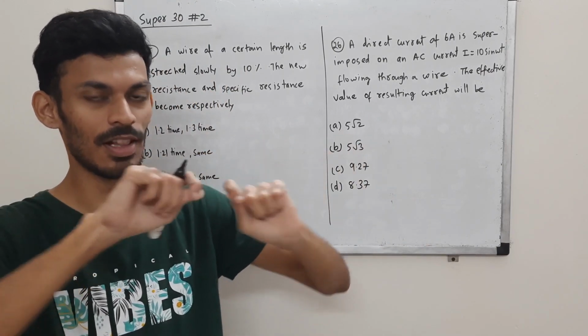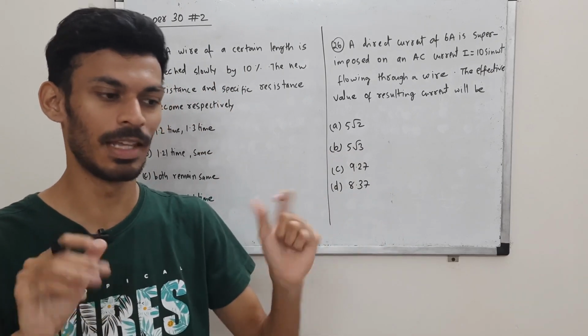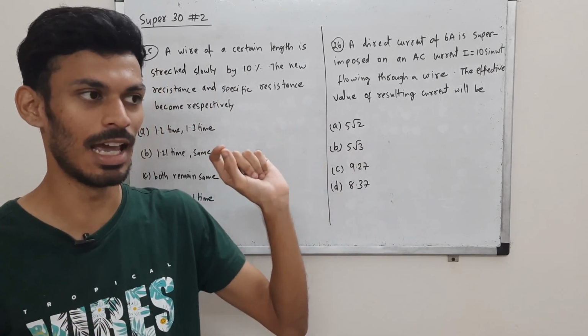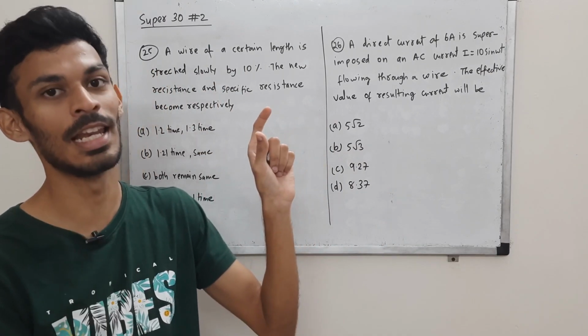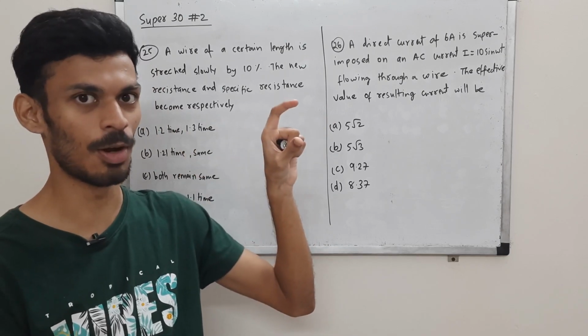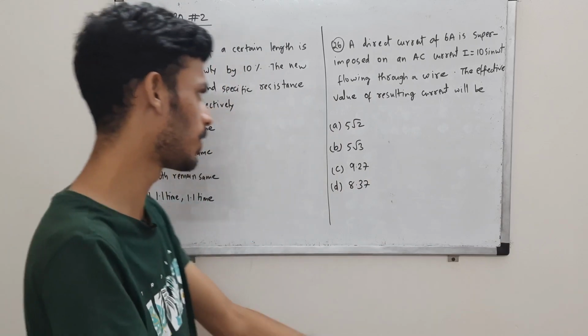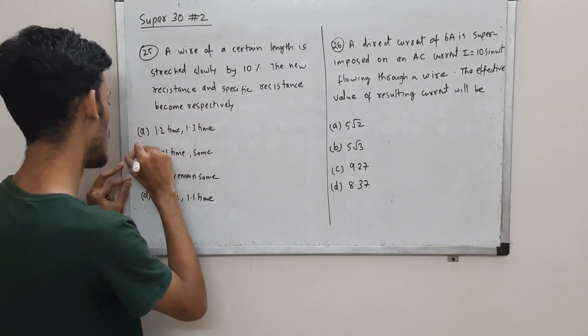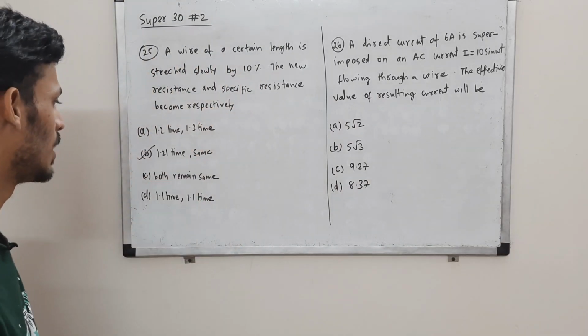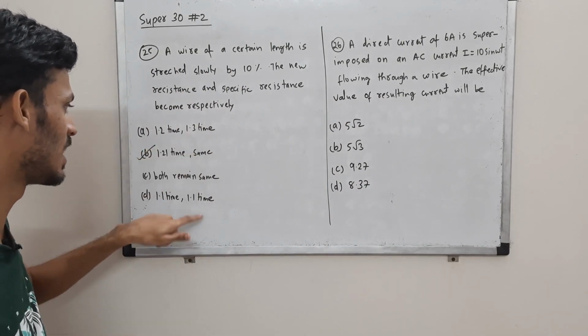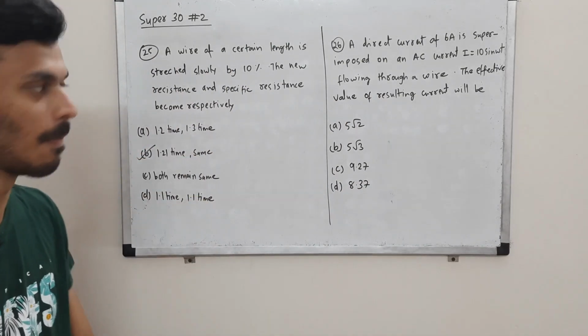The wire will go thinner. So A will decrease and L will increase. Area is in the bottom, length is in the top, R is equal to rho L by A, so they will add up. So the resistance definitely will change and the resistivity will remain the same. The other options, that the resistivity is changing or both remain the same, are not the case.